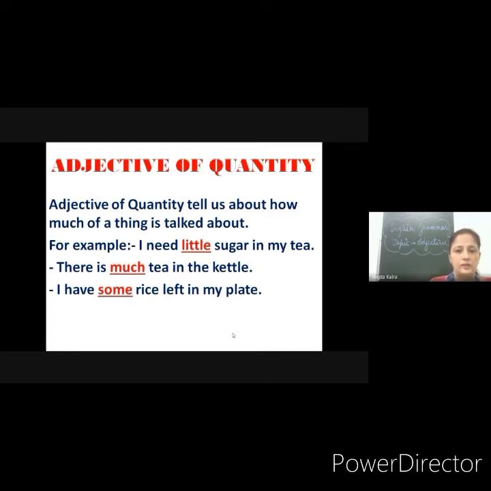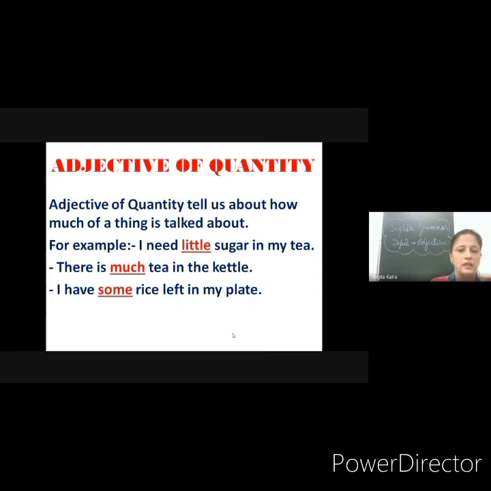For example, I need little sugar in my tea. Now here the word little is highlighted because it is the adjective of quantity and it is used with the noun sugar, because sugar is an uncountable noun.